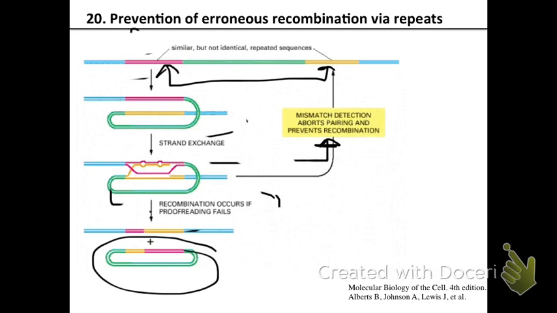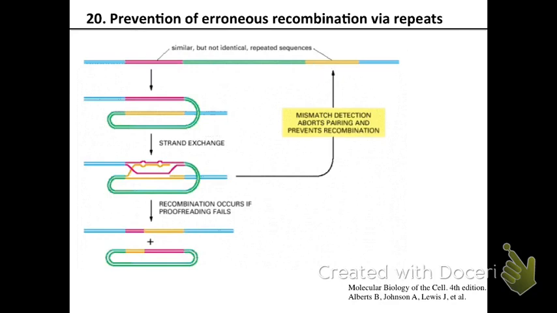And that's a problem, right? What is this going to cause? It's going to cause a large deletion, right? So double strand breaks at the repeats is dangerous, right? So we don't want that happening.